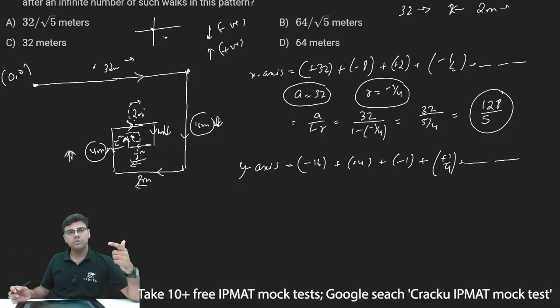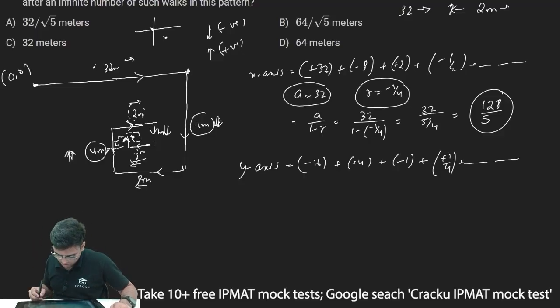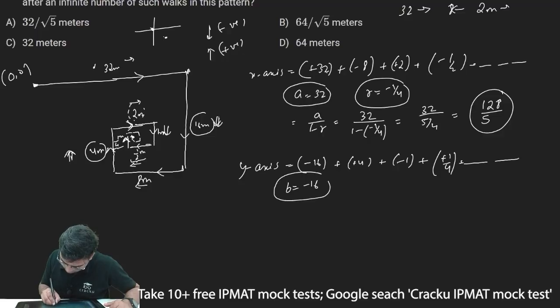Now in order to find the y-axis coordinate, again we have to consider all the downward movements and upward movements and take the sum of all of them to get the final point. So downward is negative y-axis, and upward is positive y-axis. This is also an infinite GP whose first term, let's say this time I represent it by b, is minus 16, and the common ratio is minus 1 by 4.